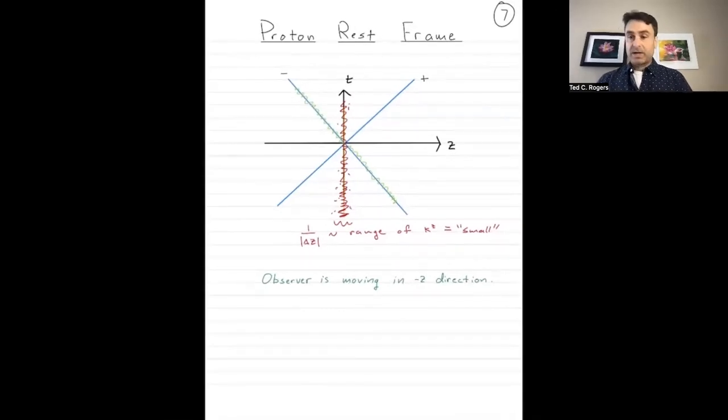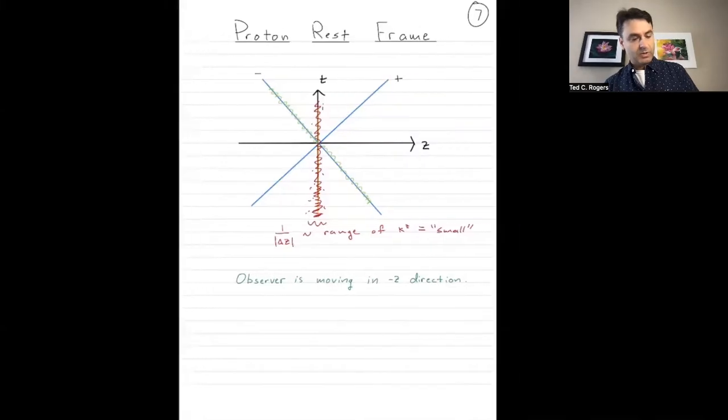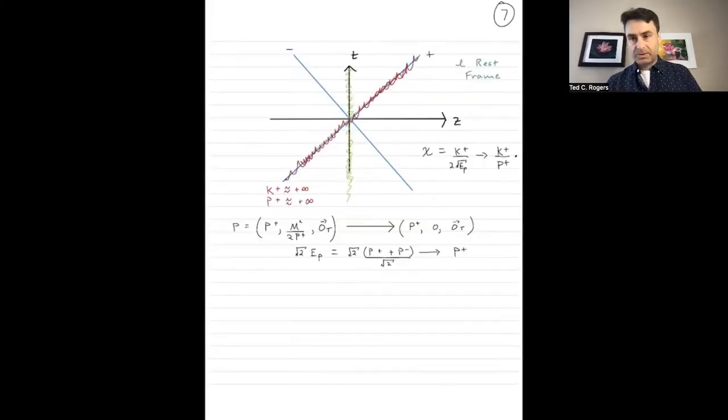And so kz, kx, ky are all going to be bounded in the rest frame of the proton to be below some level. And the reason that I'm saying that is because now we can imagine, what do those partons look like if we view the proton instead in a boosted frame where now me, the observer, is at rest.